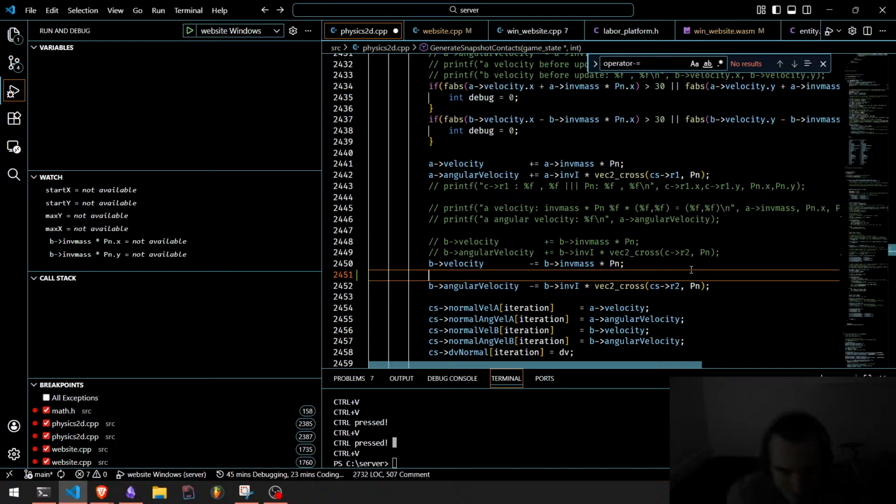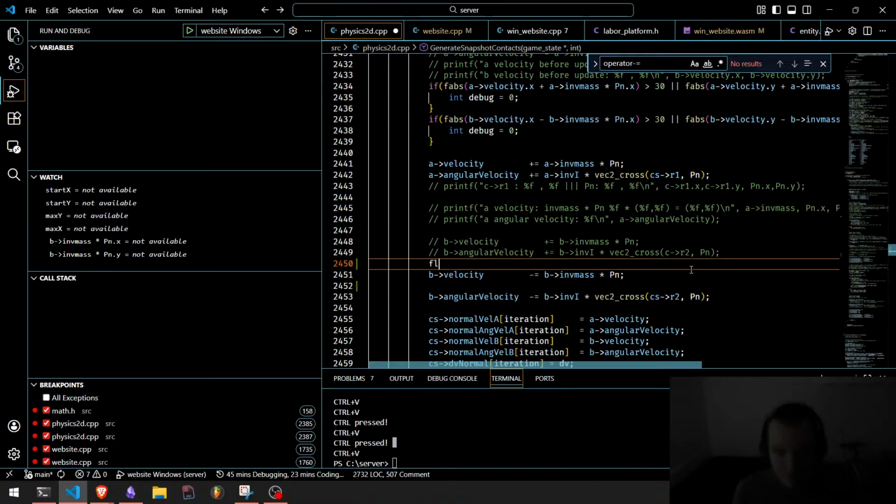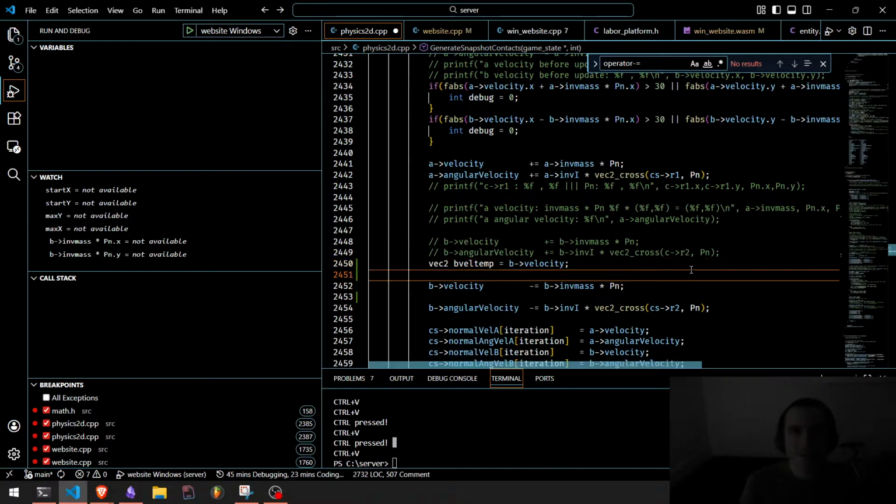What I want to figure out right now is to test for any discrepancy. So what we're going to do is, B val temp is B velocity. Back to new B val equals B val temp minus E inverse mass times PM.